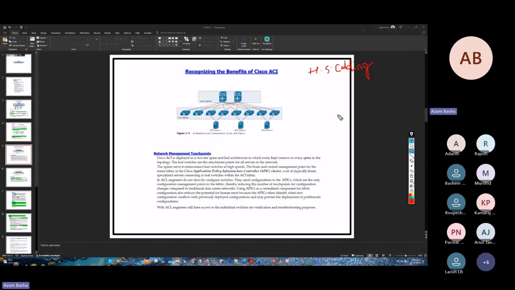My manager says we are bringing in Cisco ACI and you are going to be the lead. So what will I do? I will go and first learn about ACI. I would start with the hardware. Then I will understand what OS it is running, because this is a complete solution. All of them work as a single fabric.